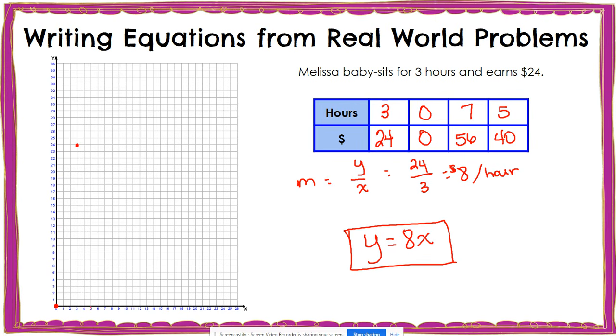And 5 hours would be $40. Well, that's off my graph, but it's not that far, so I can put a point about where that would go. I can also put other values. So I know that if Melissa works 2 hours, I would do 8 times 2, which would give me 16. So 2 hours would be $16.